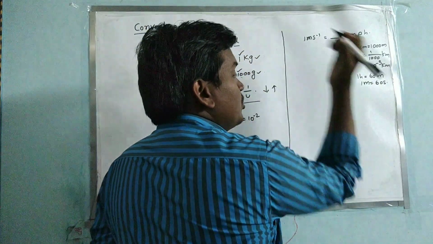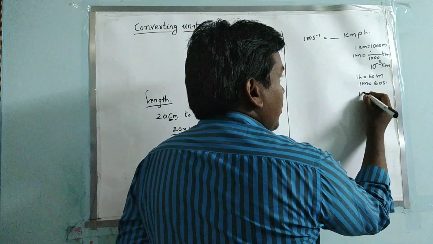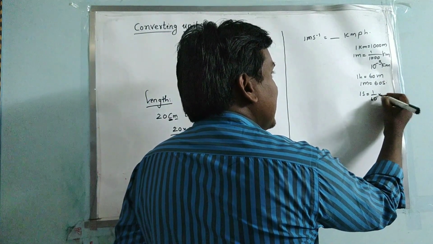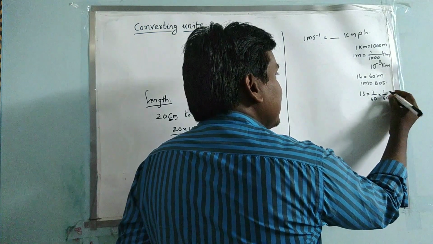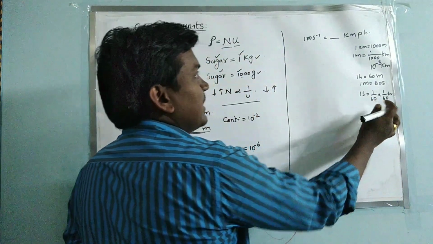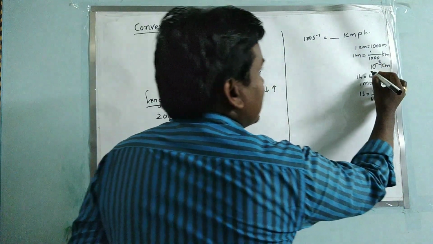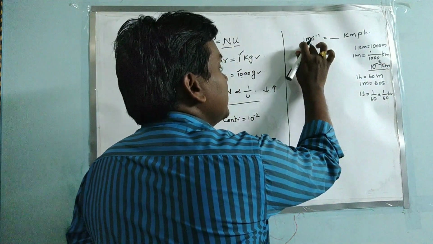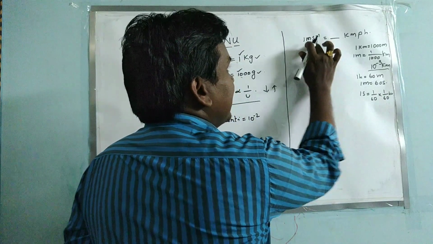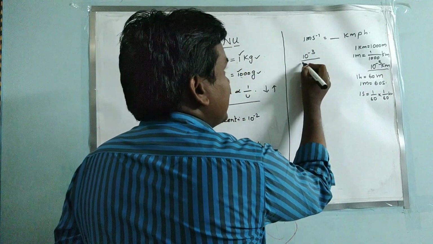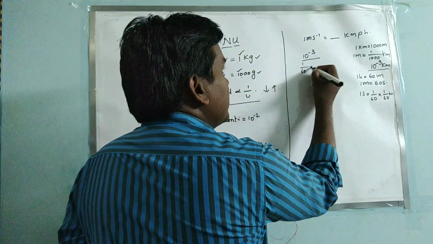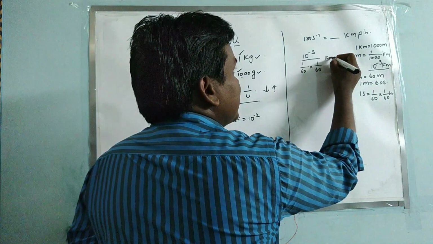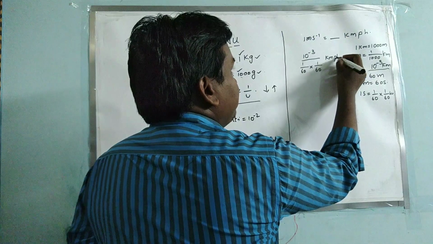That means to write 1 second, 1 second equal to 1 by 60 minute and 1 by 60 hour. So for 1 meter I am writing 10 to the power of minus 3. This is for 1 meter per second. So 1 second can be written as 1 by 60 into 1 by 60. And here I am writing the whole unit as kilometer per hour.